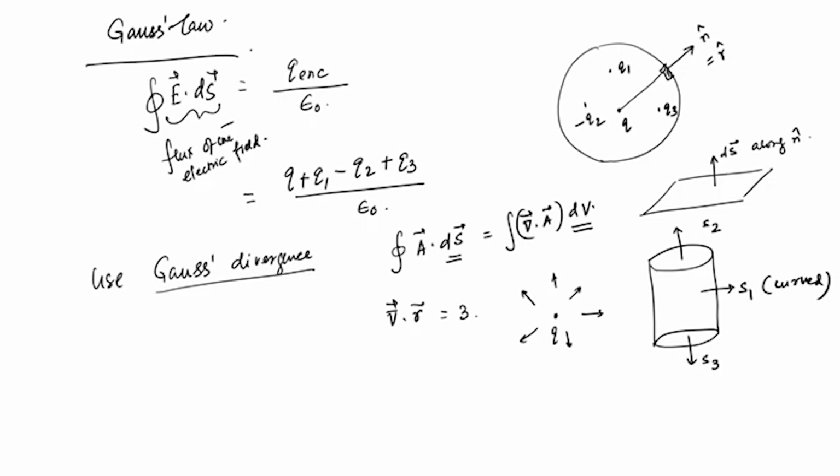And the last thing is curl. Curl is a measure of whether the vector circulates in space. Okay, if it does not circulate at all, then the curl of it is 0. And this curl of a vector being 0 has other consequences, and it is said that if the curl vanishes, then the vector field is conservative. Okay.